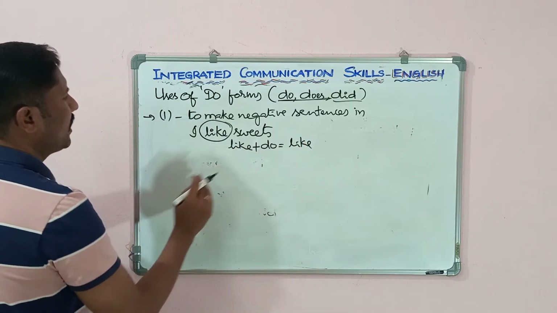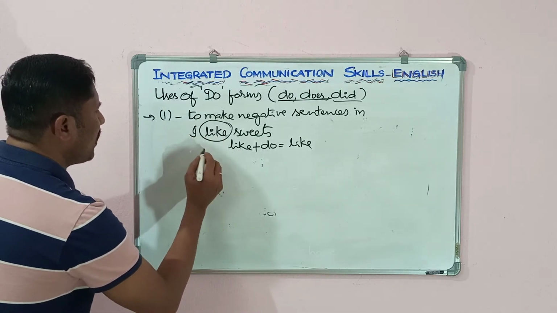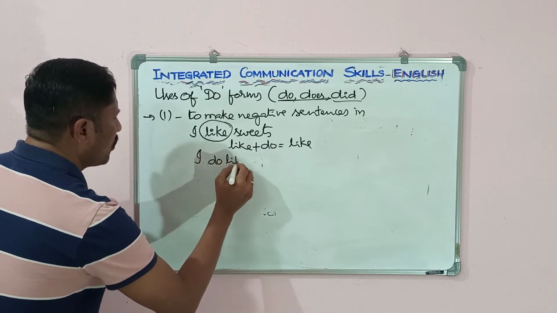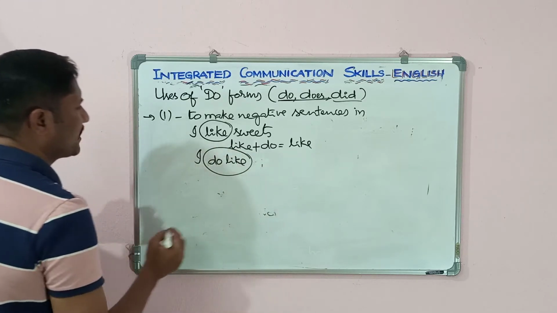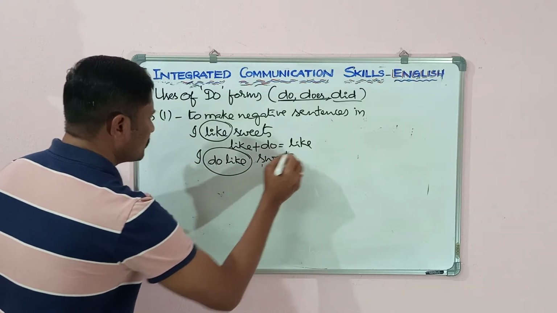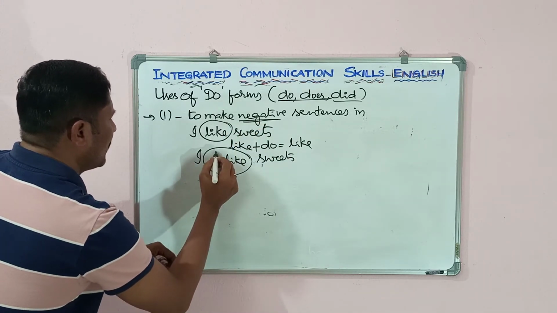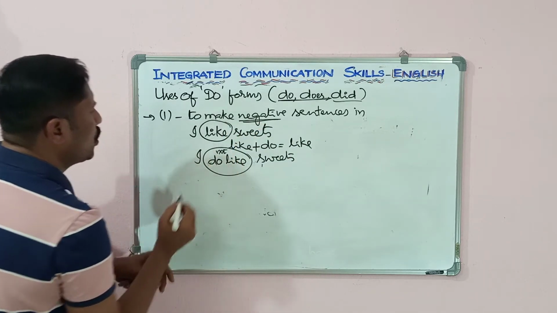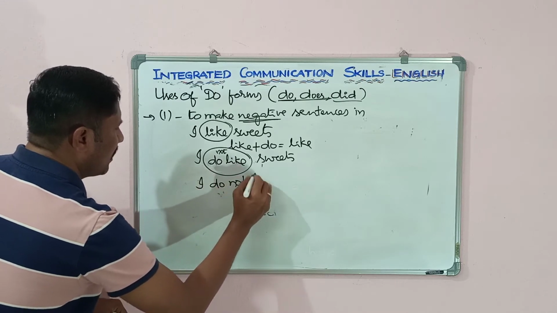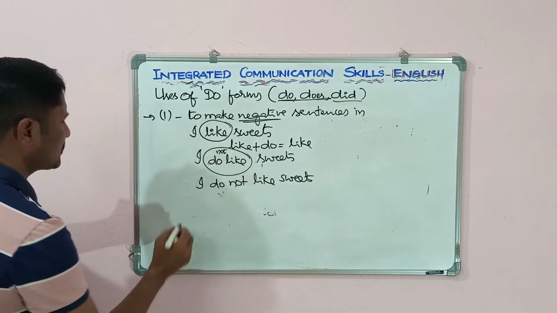Now how do we write a negative sentence for this? I am dividing it like this: I do like sweets. If you want to make a negative sentence, you should add not between do and like. So, I do not like sweets. Okay, next, second sentence.